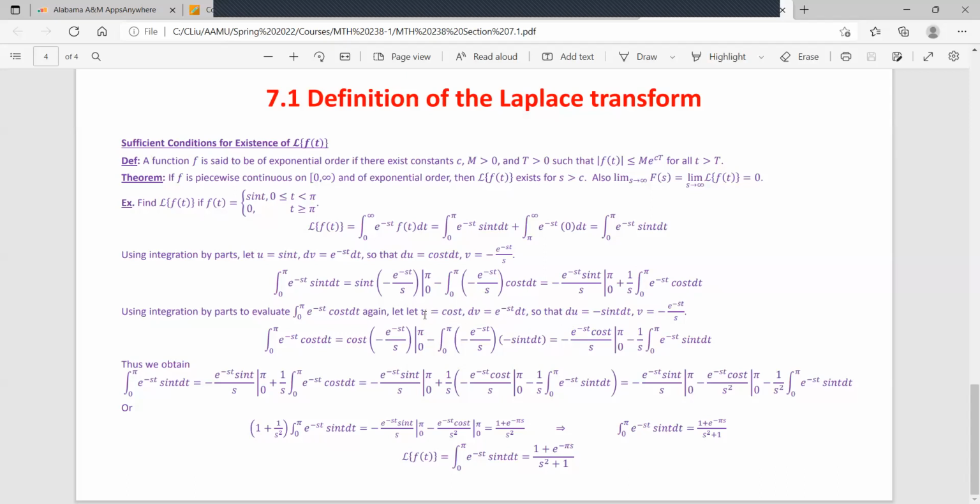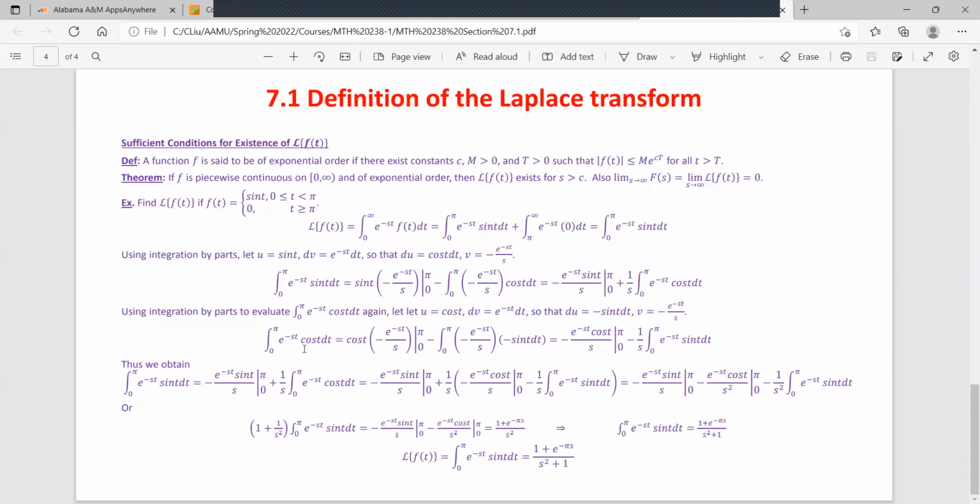So then again, just take the differential of u, get negative sine t dt. The derivative of cosine t is just negative sine t, and the differential is just the derivative times dt. Okay. And again, integrate e to the negative st, you get v, which is negative e to the negative st over s. That's the same as we did in the first step here.